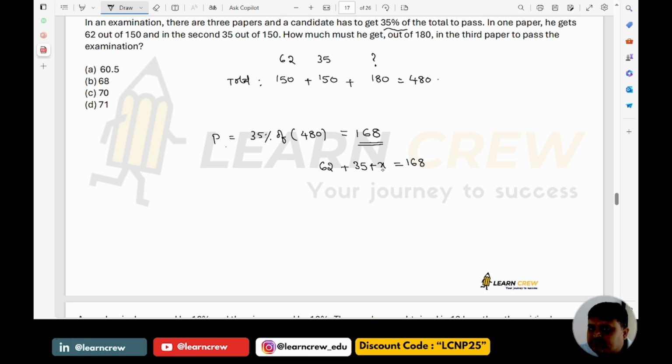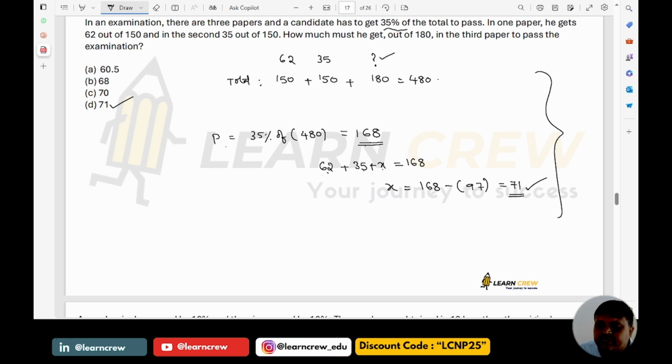So third paper must be how much? So x is equal to 168 minus 62 plus 35 is 97. So 168 minus 97 is 71. So in the third paper, he must score 71 marks to pass. I hope it is clear.